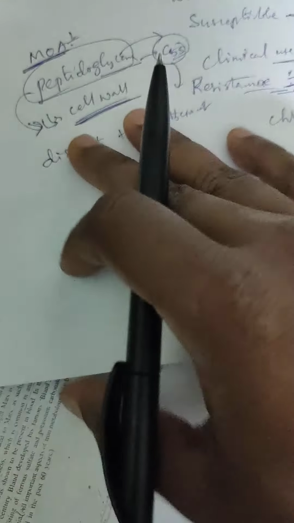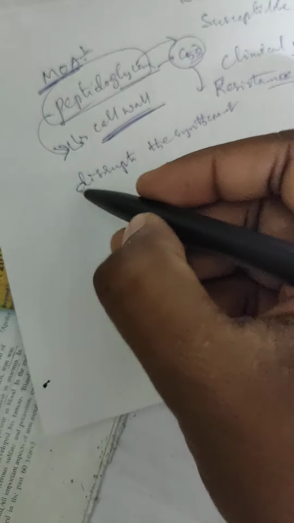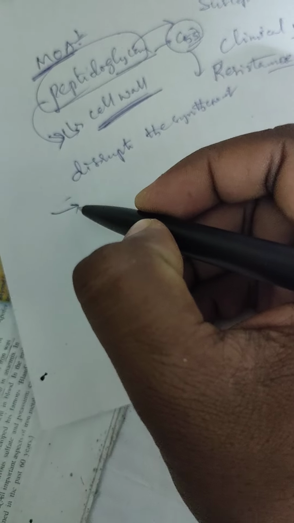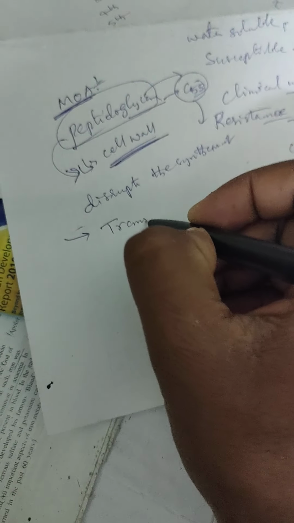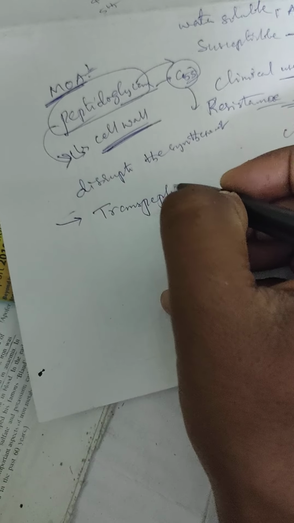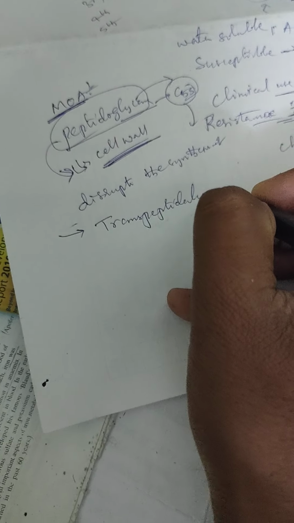Okay, so what happened where it will disrupt is, already we had discussed in the peptidoglycan synthesis, the final transpeptidation step is very much essential.